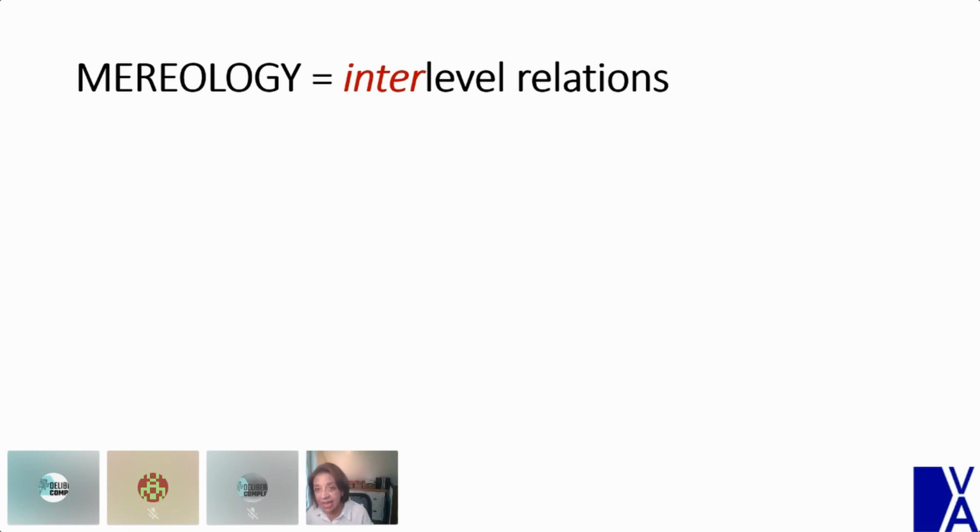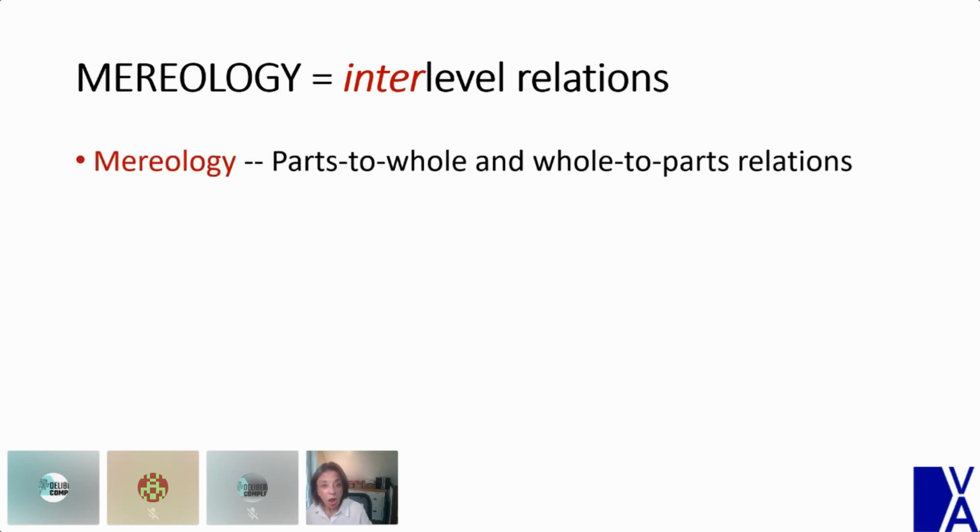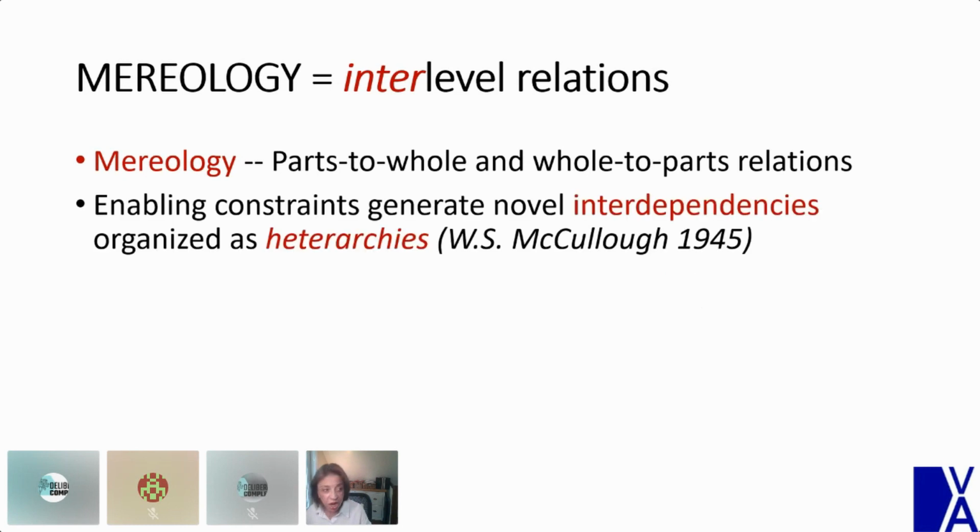What that means is that in philosophy and in Newtonian science, wholes are nothing but the sum of their parts. In particular, wholes do not create novel interdependencies organized as what the neuroscientist and cybernetician McCulloch called heterarchies.